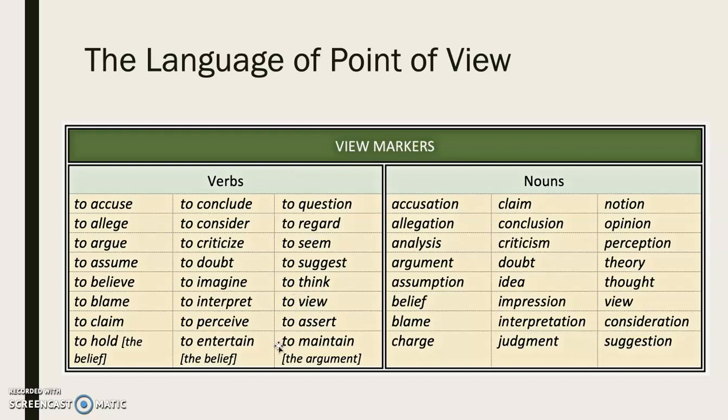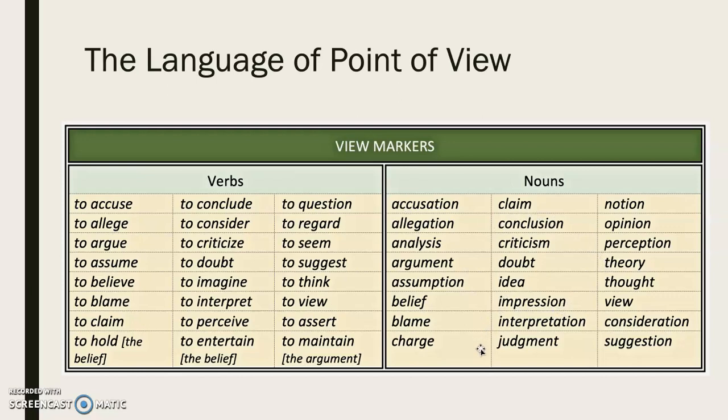There's lots of words here. Take some time to read them, get to know these words. Also nouns. These are words like accusation, which is the noun form of accuse, or allegation, which is the noun form of allege, and so forth.